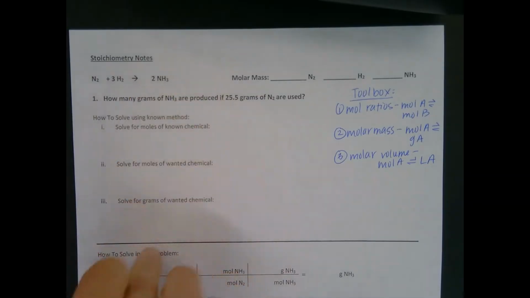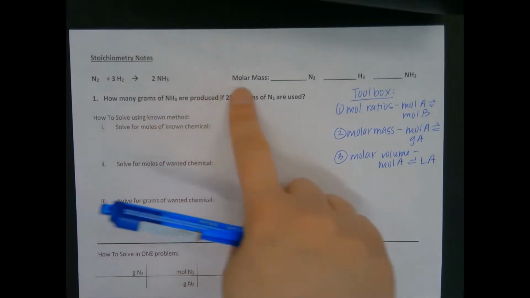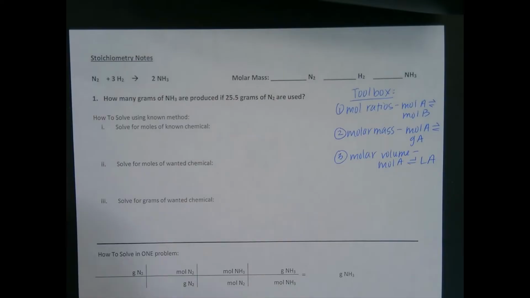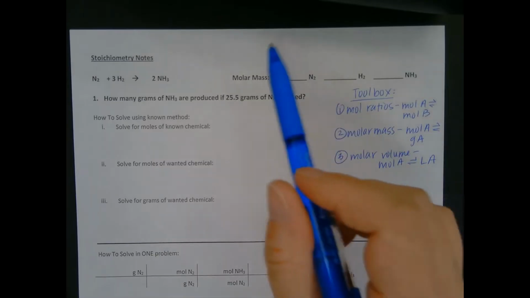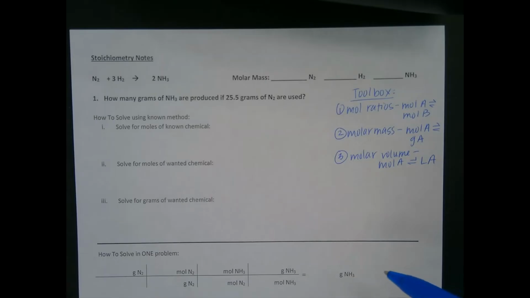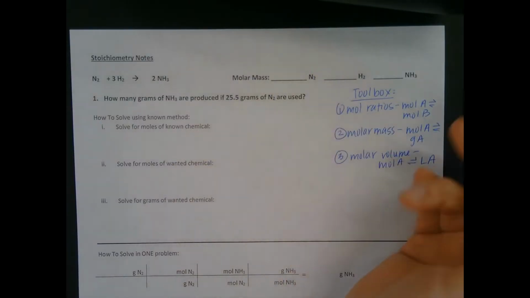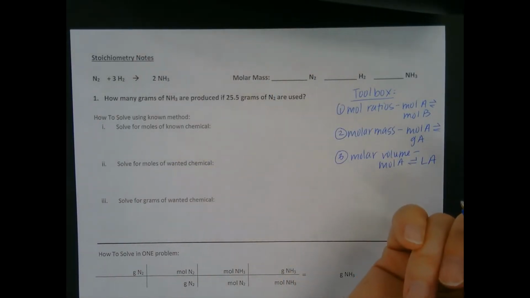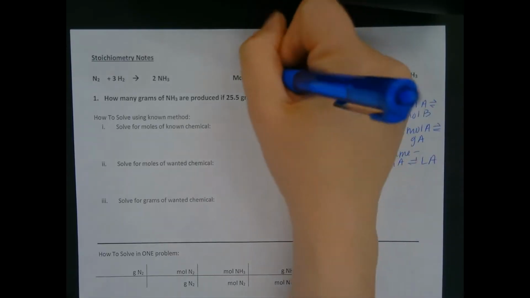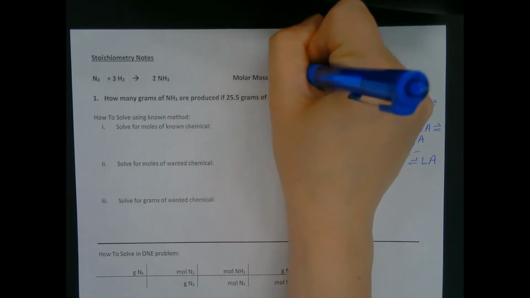So before I start solving this, I'm going to identify all of my molar masses first, so that when I need them, I already have them ready and I don't have to pause. Now that I've got my toolbox written, I'm going to identify my molar masses. So N2: the average atomic mass of nitrogen on the periodic table times 2 would be 28.02 grams per mole.